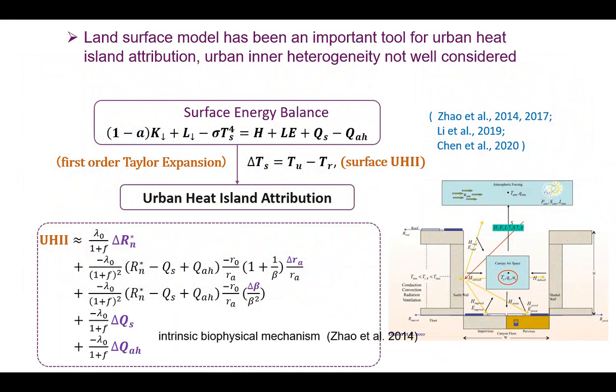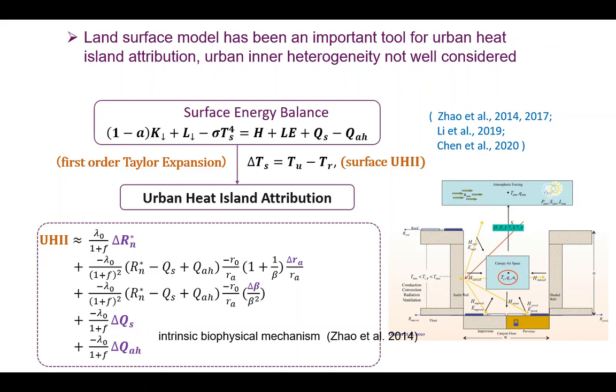Here I just show an example, the IBM method developed by Dr. Zhao. We can see the urban heat island contribution can be divided into net radiation, aerodynamic resistance, the change in power ratio and so on. This method is what we used in this study.